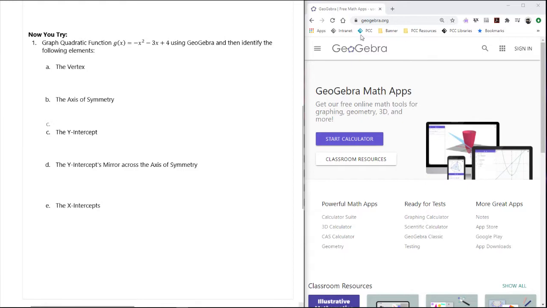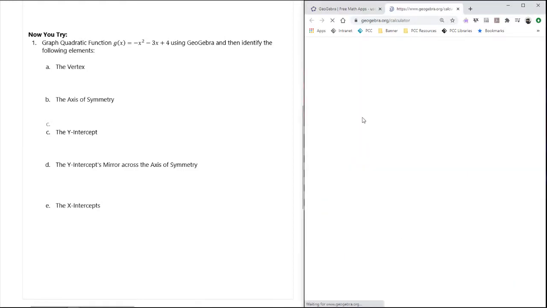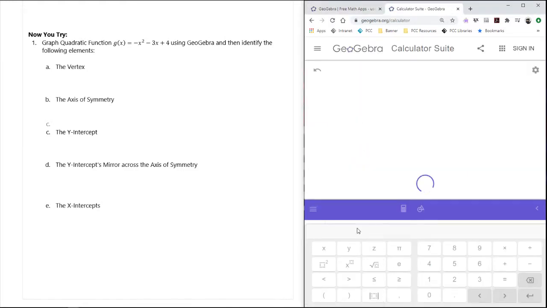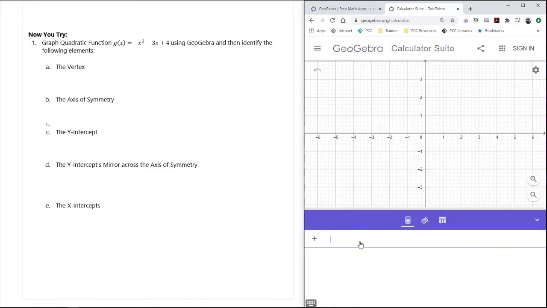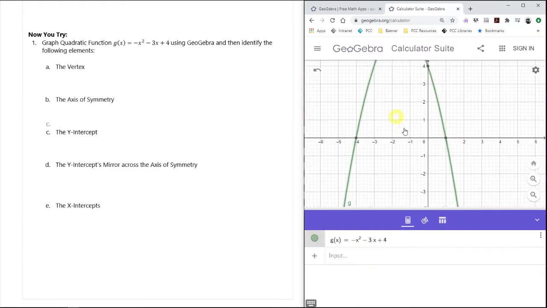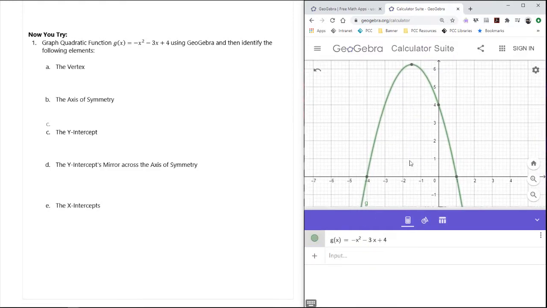All right, so we open up GeoGebra, we click Start Calculator, and then we will go ahead and wait for it to load and plop in the function g of x equals negative x to the second minus 3x, and then plus 4. And we'll take a look at the graph here. We'll begin by identifying the vertex.